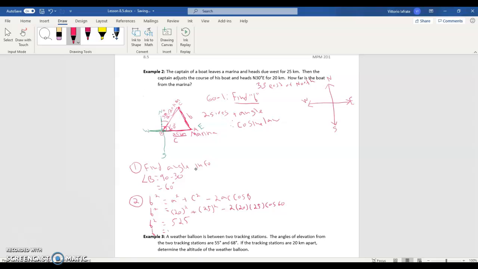So b is equal to square root of 525. And so what that means is b is equal to, you can do square root of 525, and you get 22.9. And I'm going to round it to about 23, not degrees. Why am I saying degrees here? We're not looking for degrees, we're looking for a side. So 22.9, our units are kilometers.